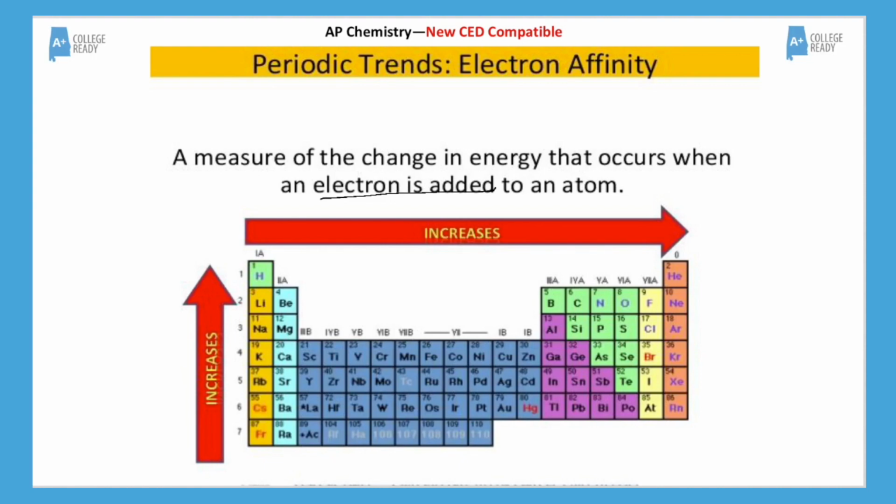And notice these trends are not very perfect. I would say that for nonmetals, electron affinities are exothermic. So for nonmetals, gaining electrons that's what they want to do. They want to gain electrons so they can fill up their p orbitals. Exothermic means it would give off energy, which is the opposite of what ionization energy is.